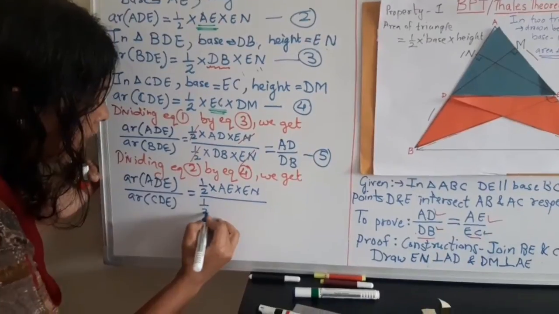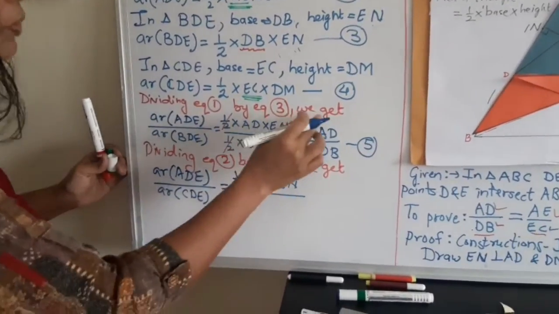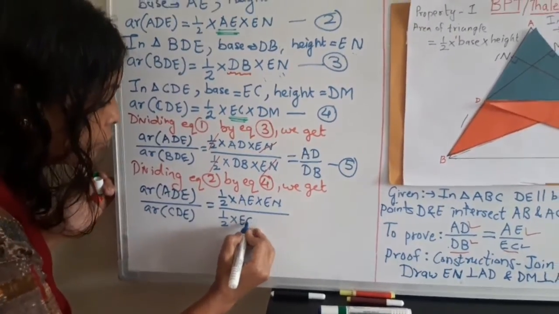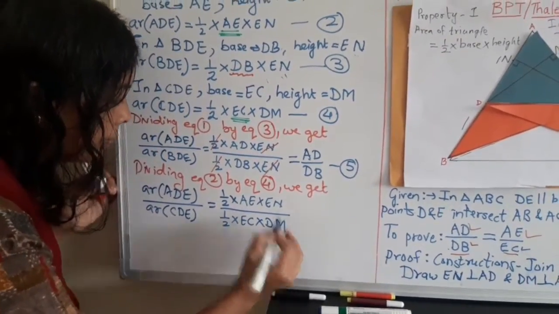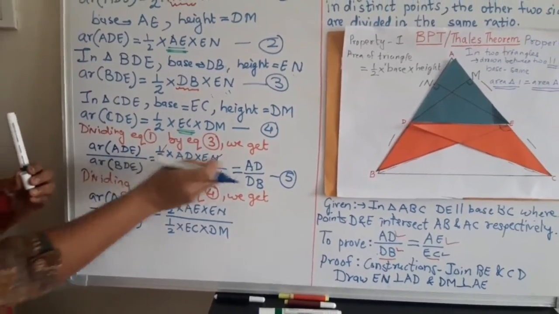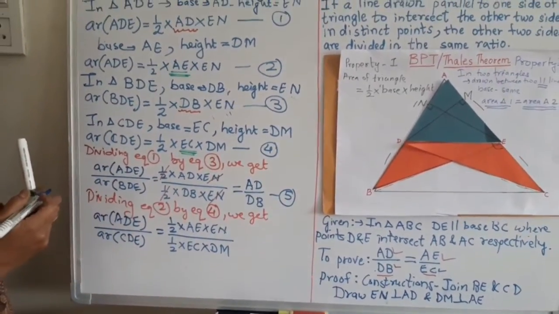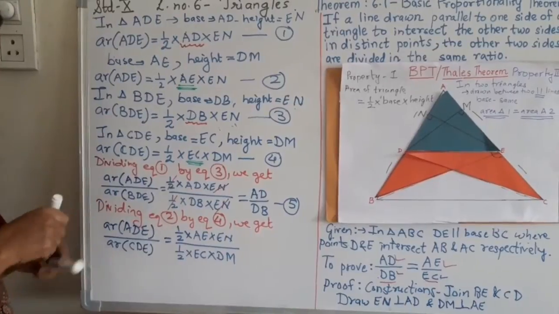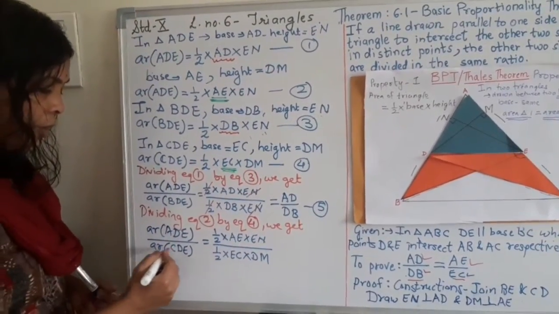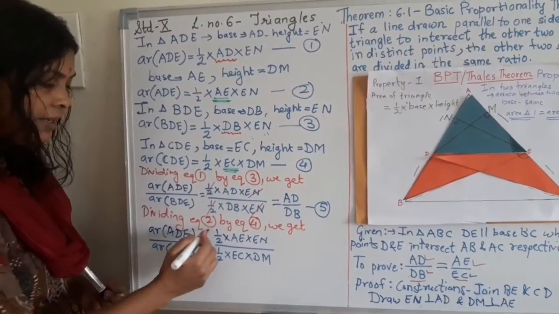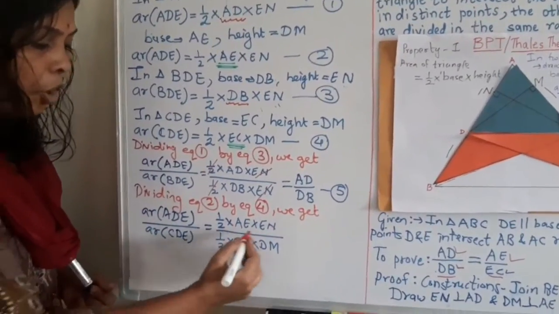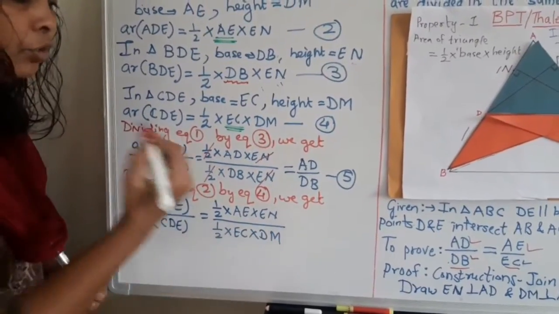Then upon half into, what is the fourth equation? Fourth equation is EC into DM. Yes, we have done the same process as we did to get equation 5. So what we get here? We get area of triangle ADE upon area of triangle CDE is equal to half into AE into EN upon half into EC into DM.